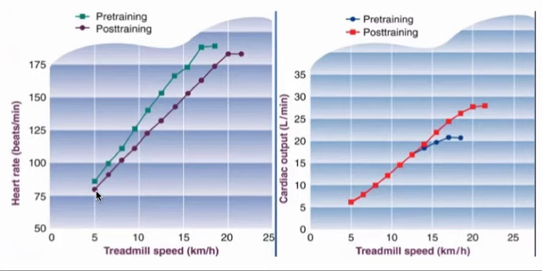So remember, cardiac output equals the heart rate times the stroke volume. If the stroke volume goes up, the heart rate goes down to maintain the same cardiac output. Essentially, with training, the heart pumps out more blood with each beat and therefore doesn't have to beat as quickly.